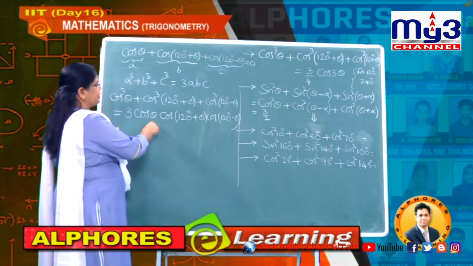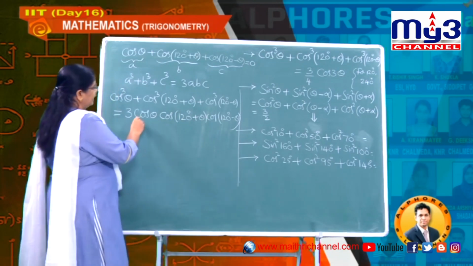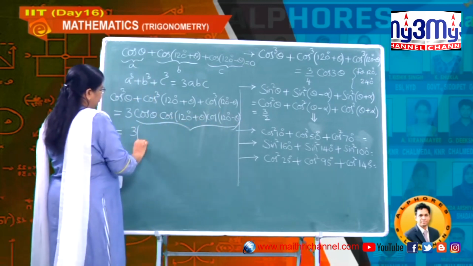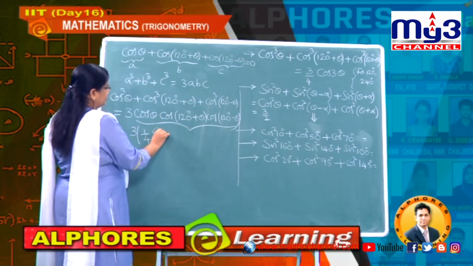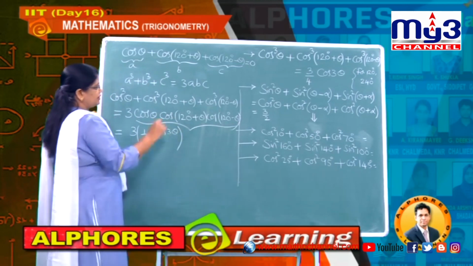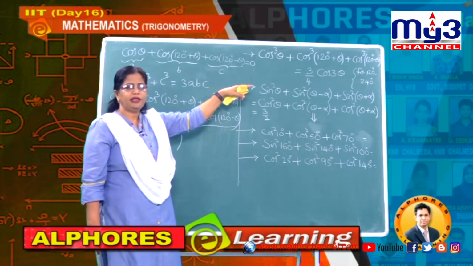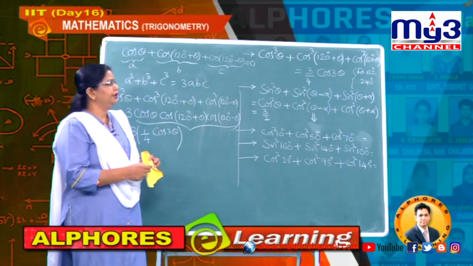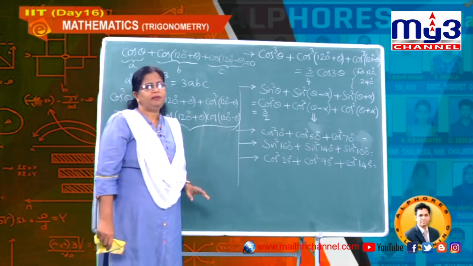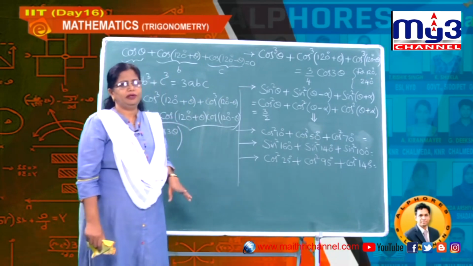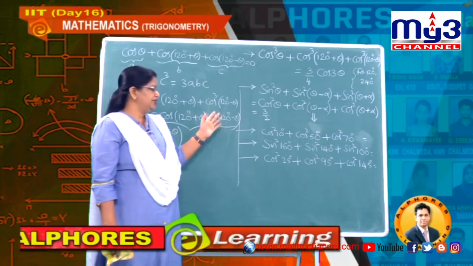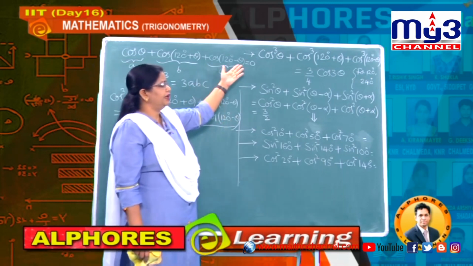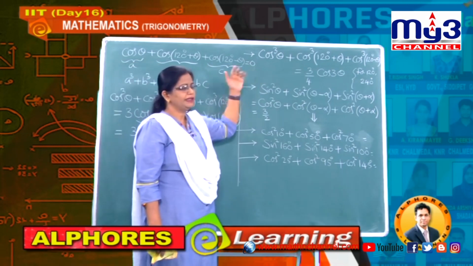So using that result we can write the entire value as 3 into 1 by 4 times cos 3 theta, and hence what is our answer students? It is nothing but 3 by 4 cos 3 theta. Therefore here we applied the algebra formula as well as the trigonometry formula. These algebra formulae we have to remember every time, and you can apply them whenever necessary.